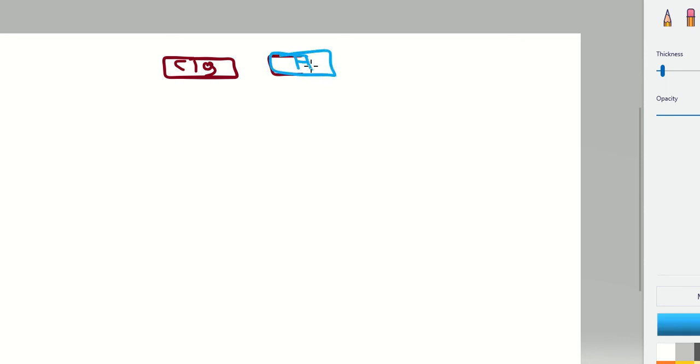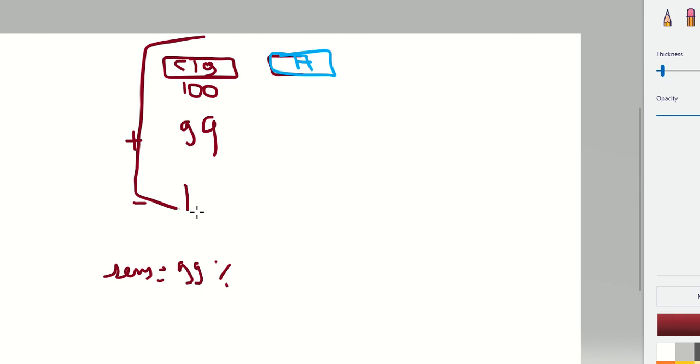Okay. So if I have 100 COVID-19 patients and out of the 100, those that test positive are 99 and one tests negative, we say sensitivity is 99%. This is sensitivity. Out of everybody who actually has the disease, how many tested positive?